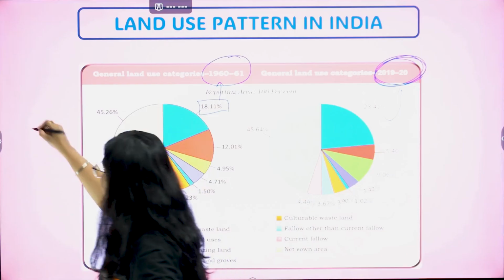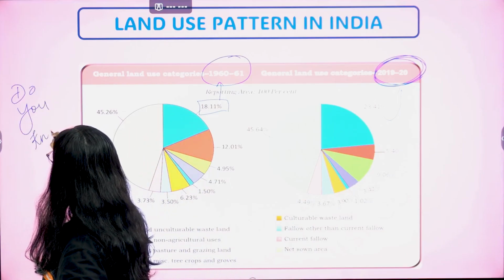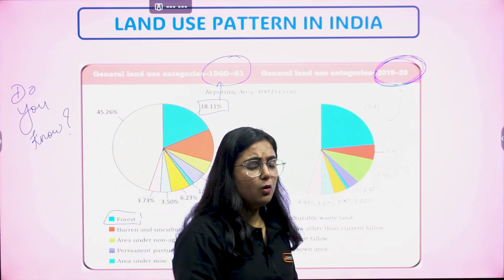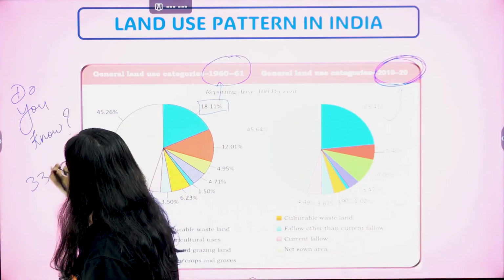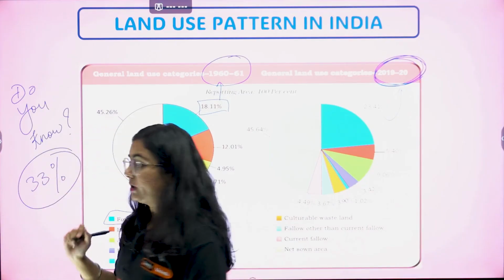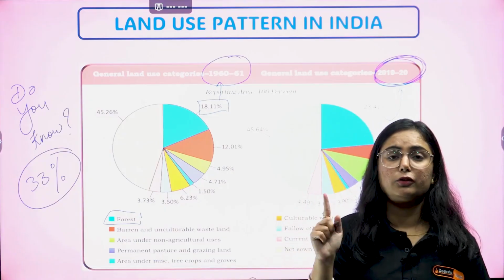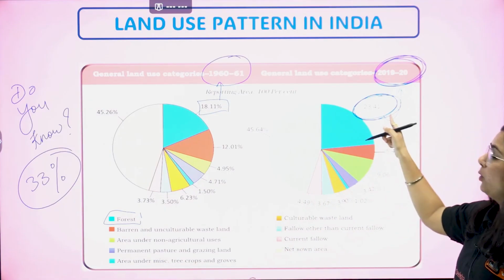But do you know one thing? How much land area under forest should a country have? According to a report, it should be 33% of the total land area. And how much do we have? It is 23.41%.